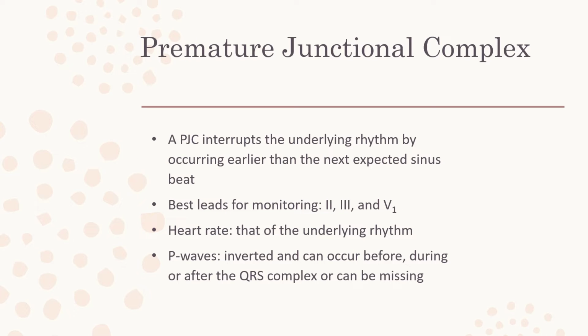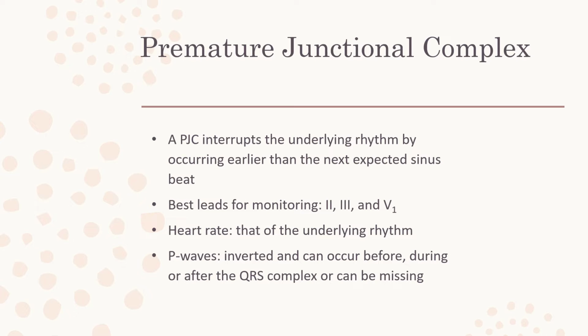So a PJC interrupts the underlying rhythm by occurring earlier than the next expected sinus beat. Our best leads for monitoring those are 2, 3, and V1. The heart rate is going to be the rate of the underlying rhythm. And then the P waves are inverted and can occur before, during, and or after the QRS complex, or can be completely missing, which really means they're occurring during the QRS, because we're not going to see them.